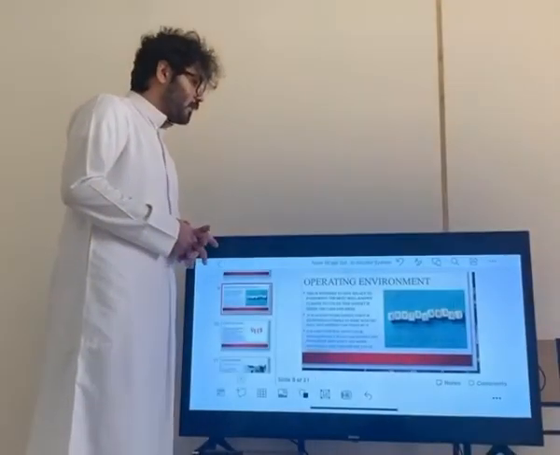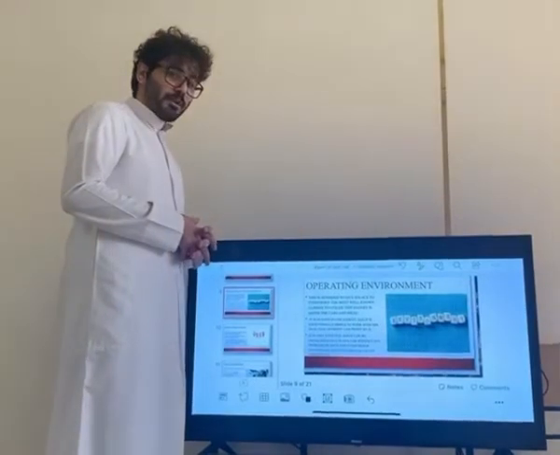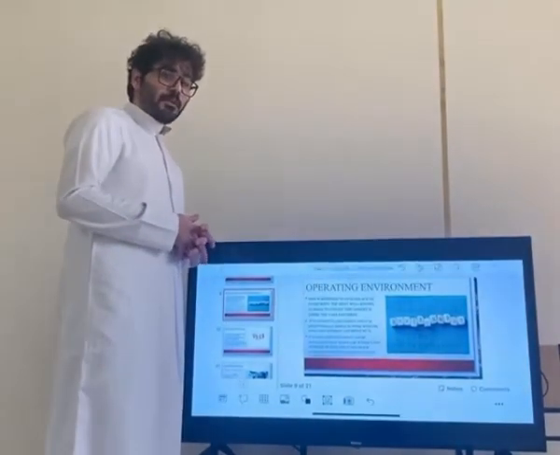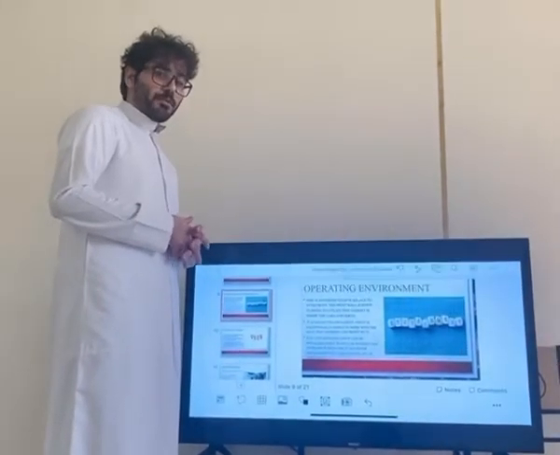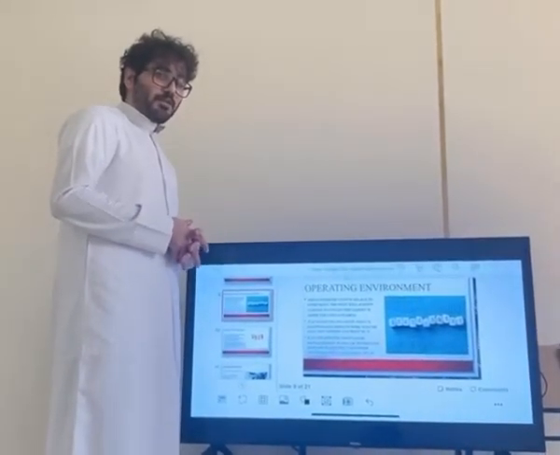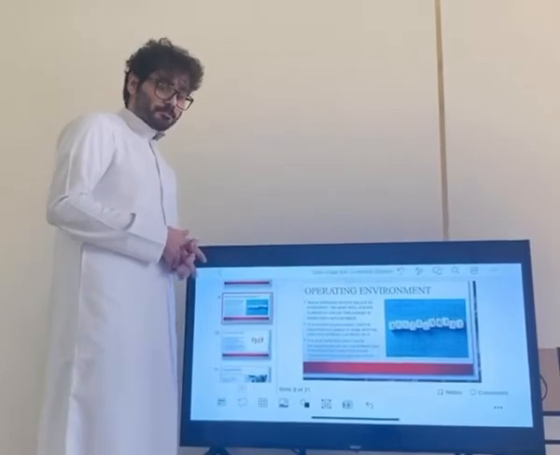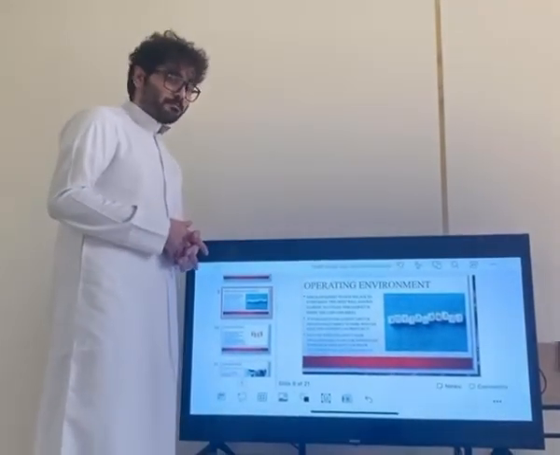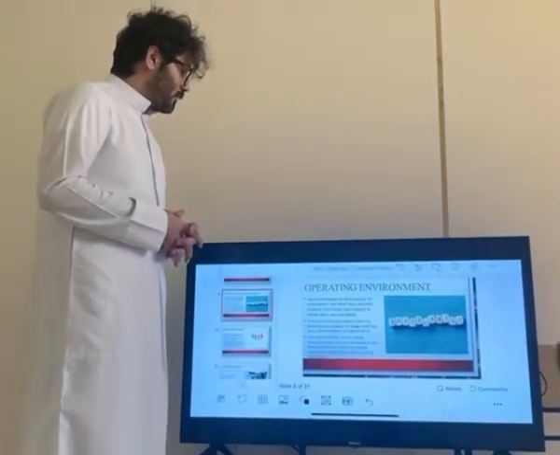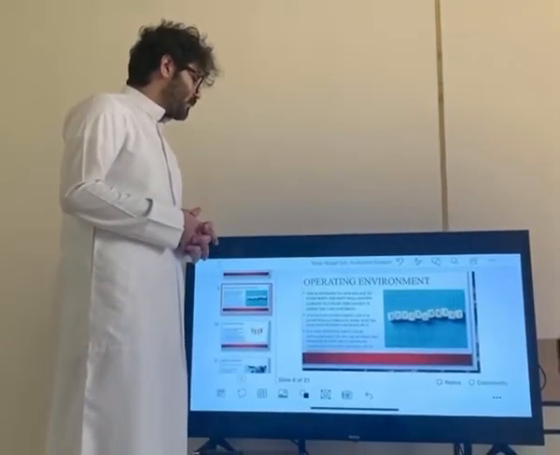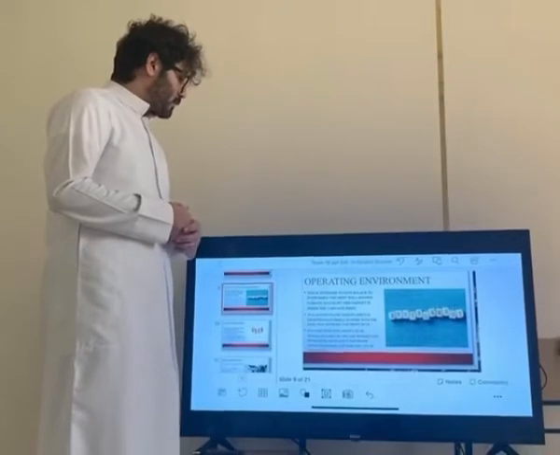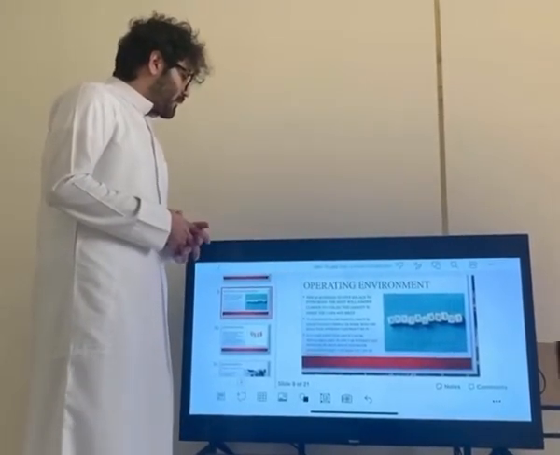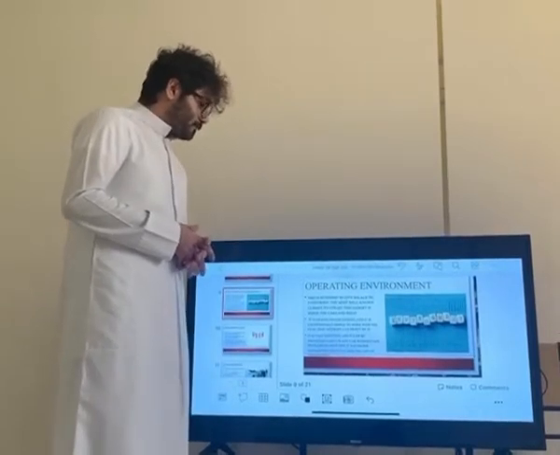In this slide, we have discussed the operating environment related to our project. The major use of our project is in the automobile sector, which includes cars and motorbikes mainly. This is intended to give comfort to everybody. The most well-known environment to use this gadget is inside cars and bikes.